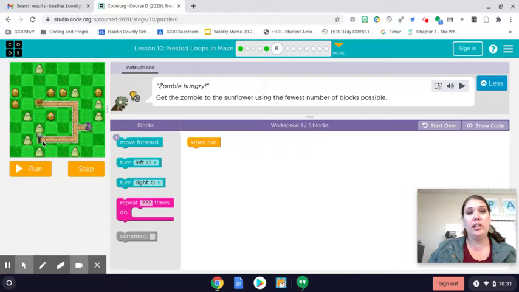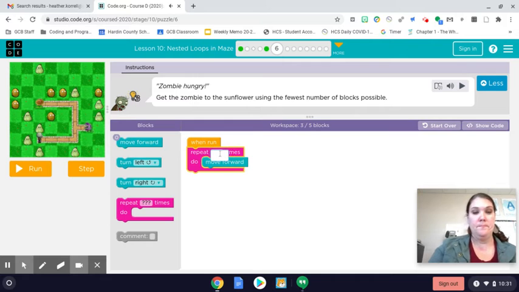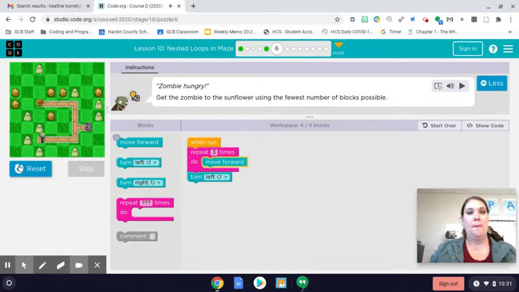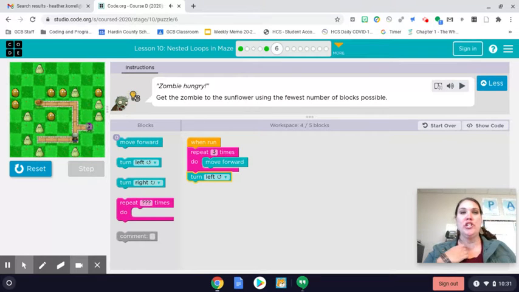So in this particular level, you have 1, 2, 3 move forwards. And then he was going to need to turn left. Brains.